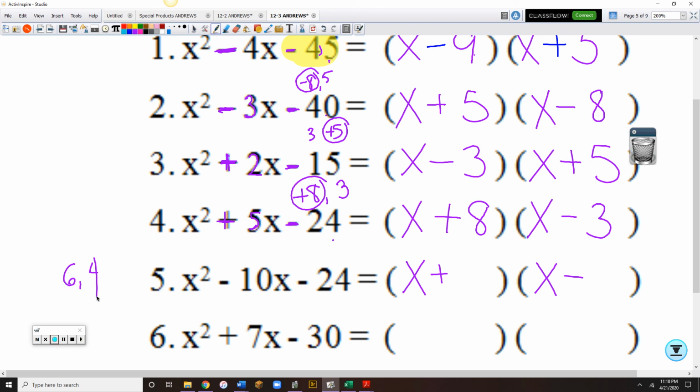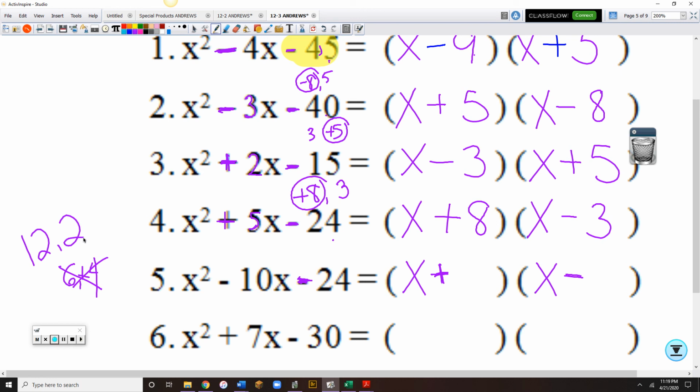And 6 and 4 do make a 10, but they had to add to make 10. And because this is negative and these two signs are different, they're not going to add to make 10. So this is a tricky one. It's not 6 and 4 that we want. It's 12 and 2, because that multiplies to 24 and subtracts to 2.